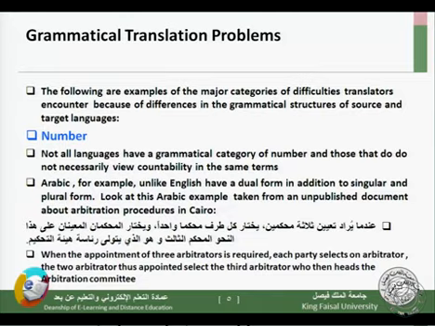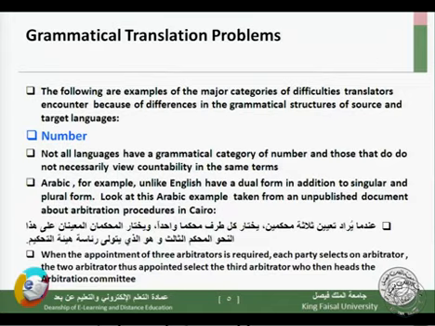Now, we have here duality in numbers. In English, if you are not a very, very good translator, you might not be able to do it successfully. But I have translated this for you in an acceptable way.